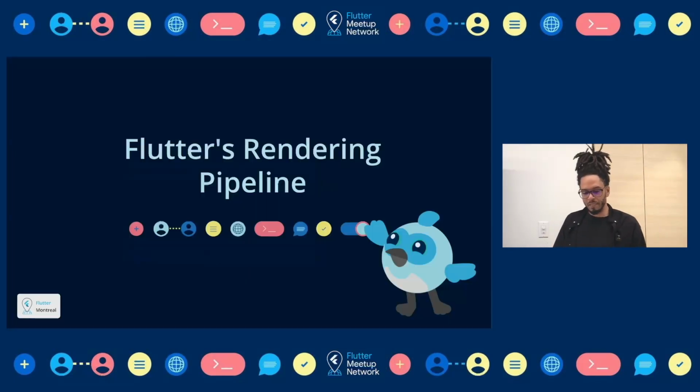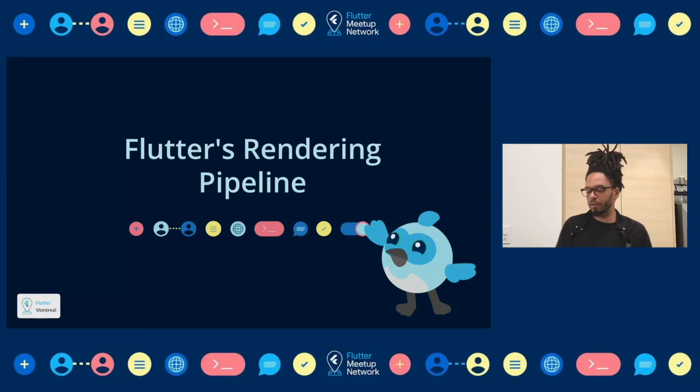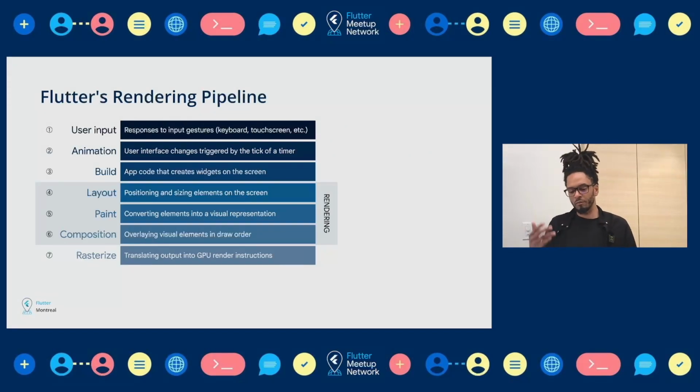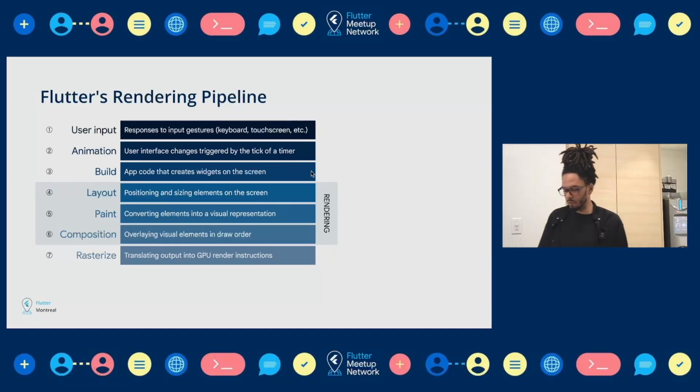All right, so before we get into the render object, we have to understand the Flutter rendering pipeline, from user input to GPU instructions. The user interacts with the UI. Animations will tick if there are any. We'll then build the widgets that you've described, so you have your configuration, your widgets.